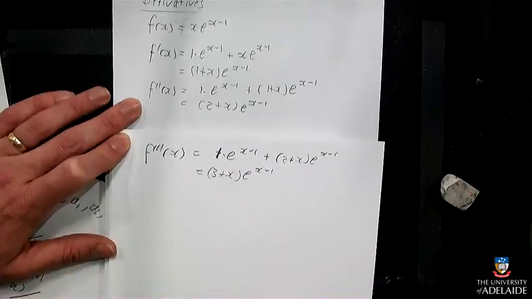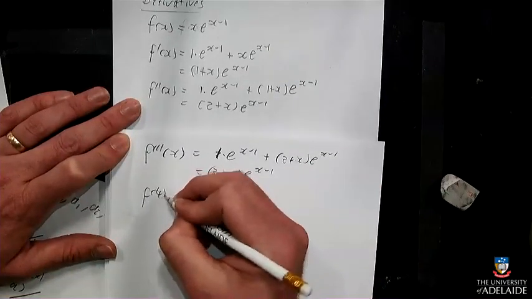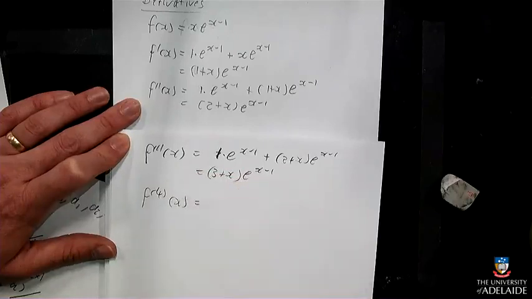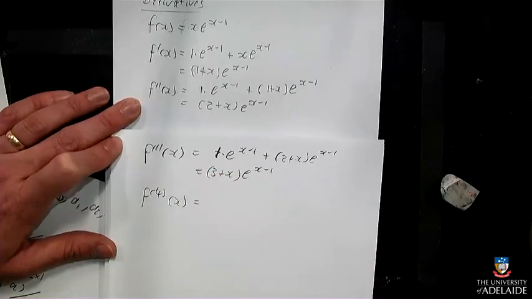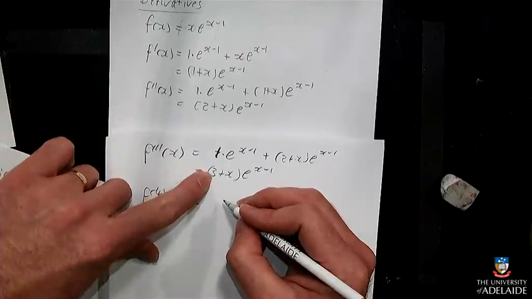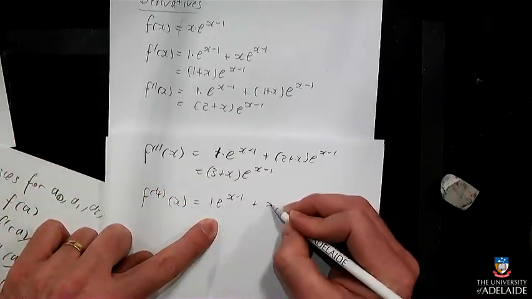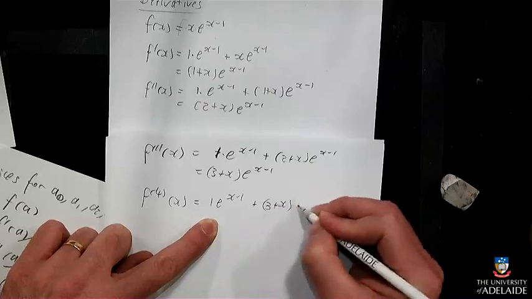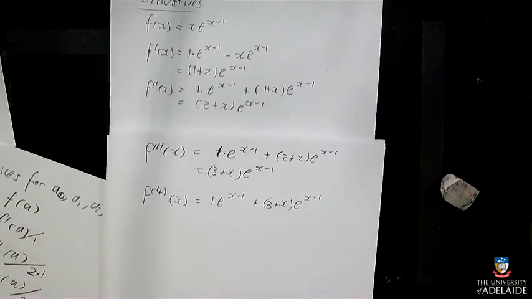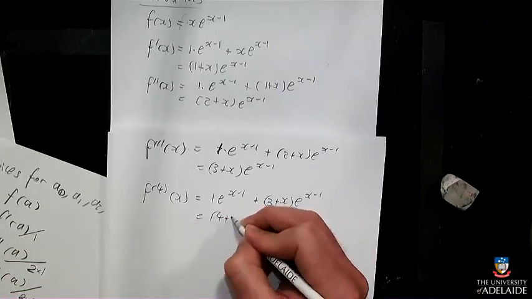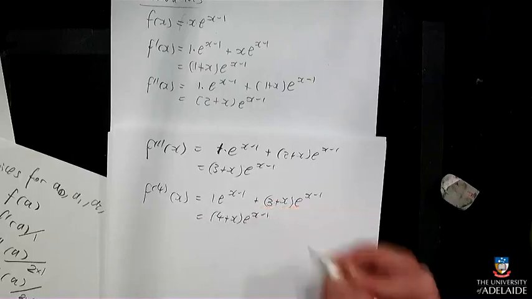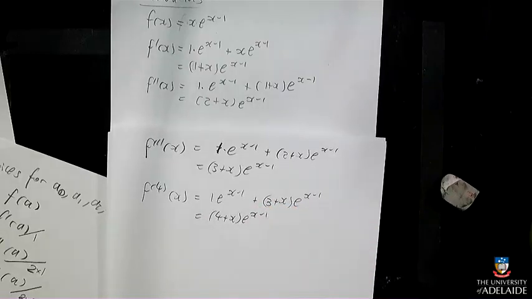That's looking pretty good. And I reckon I can predict that this one should be 4 plus x. But I'll just do it just to be sure. The derivative of that is 0 plus 1. Okay. Beautiful. Okay. That's great. And then we actually need to know the derivatives at the center.